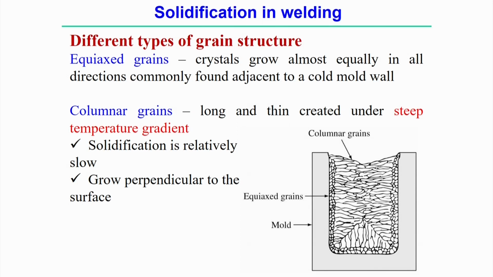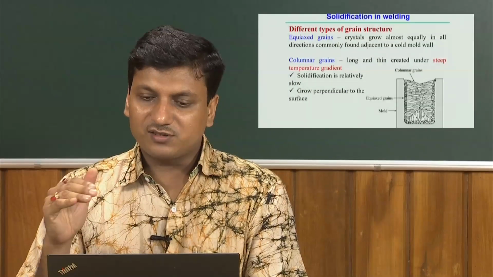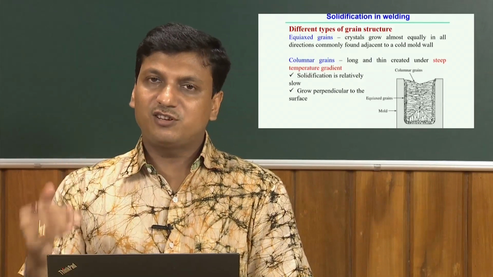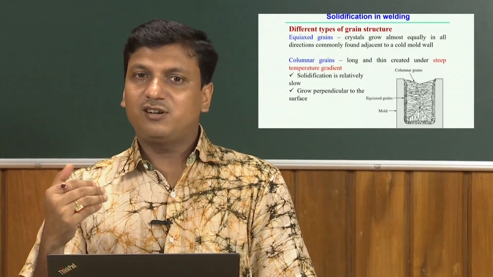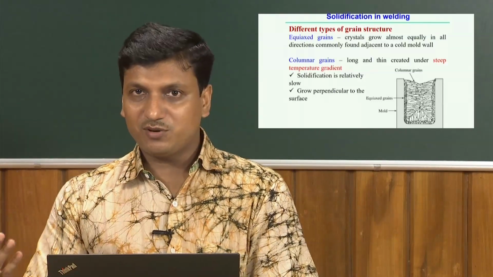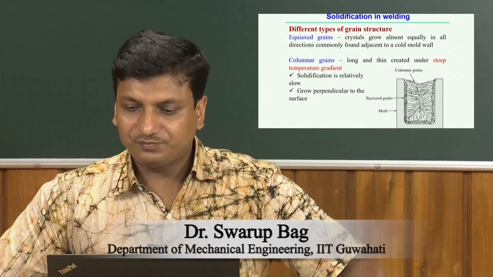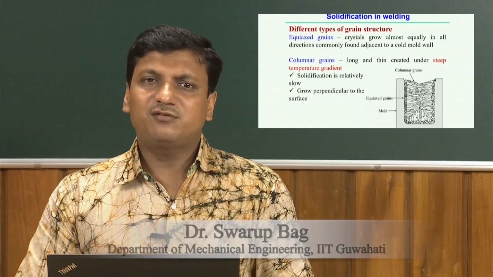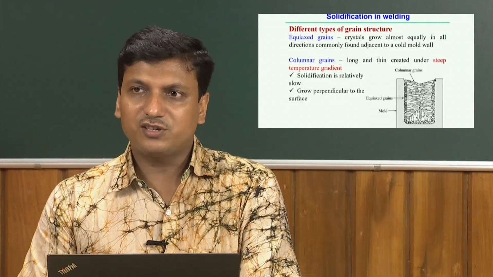Another point is that columnar grains grow perpendicular to the surface, and it depends on a high temperature gradient in a specific direction. So, these are the grain structures we normally observe in the solidification process.